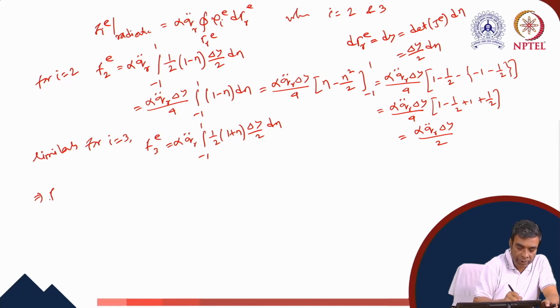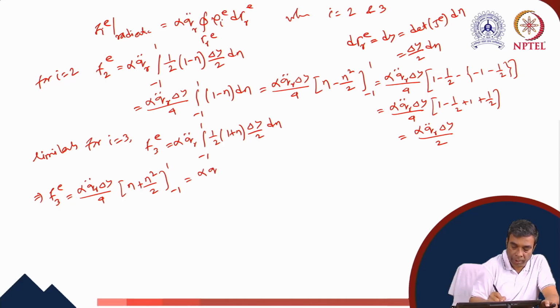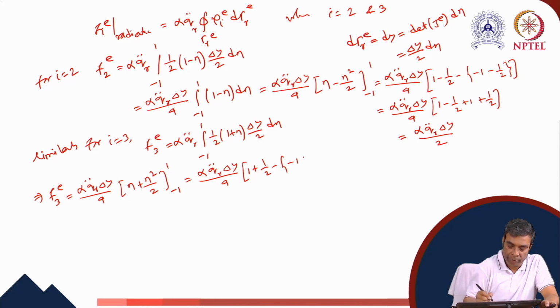This gives us F3e equals alpha q_r double dot delta y by 4 times eta plus eta square by 2 varying from minus 1 to 1, equals alpha q_r double dot delta y by 4 times 1 plus half minus minus 1 plus half.